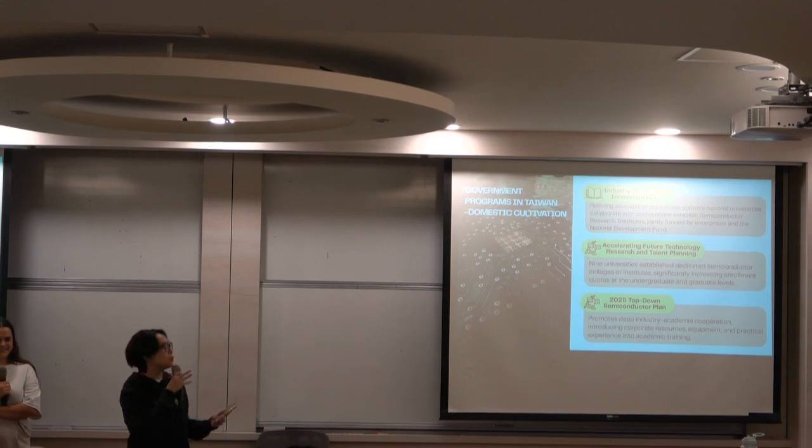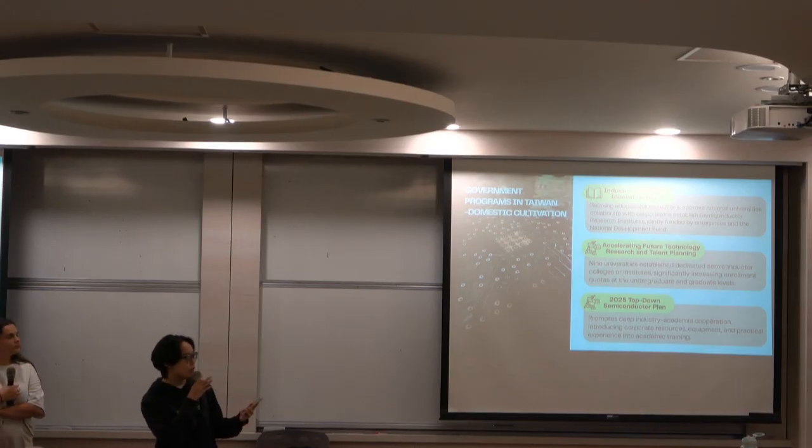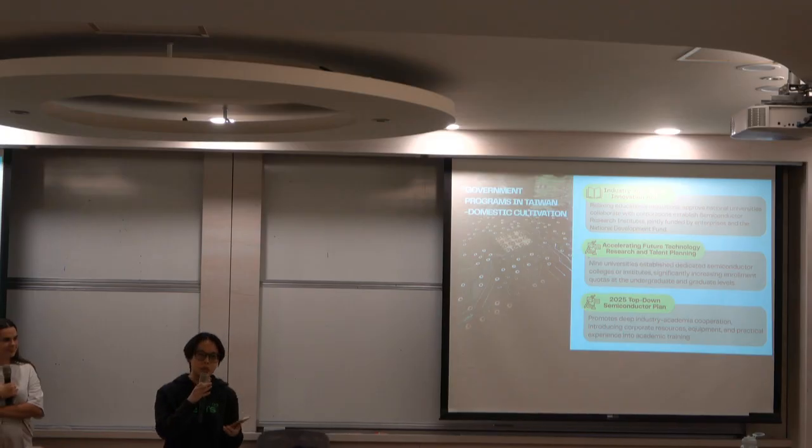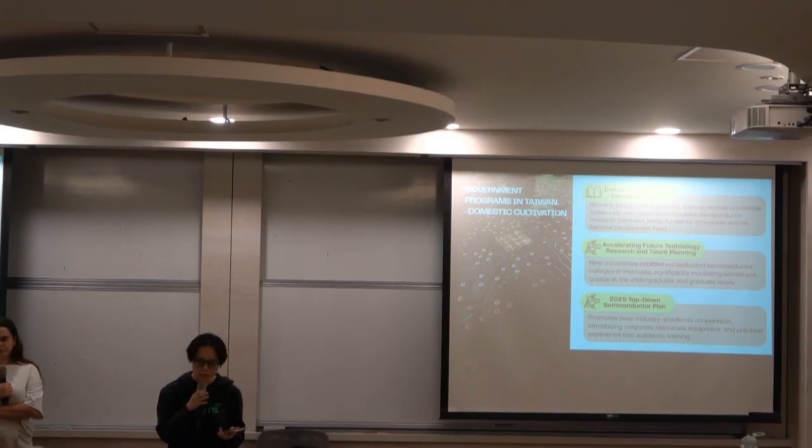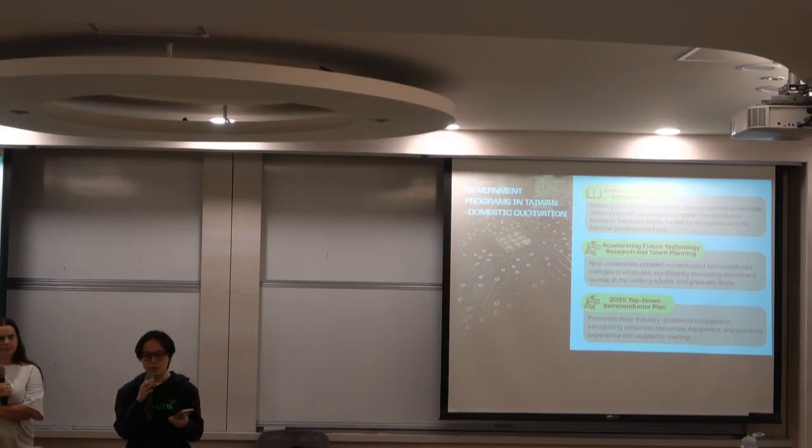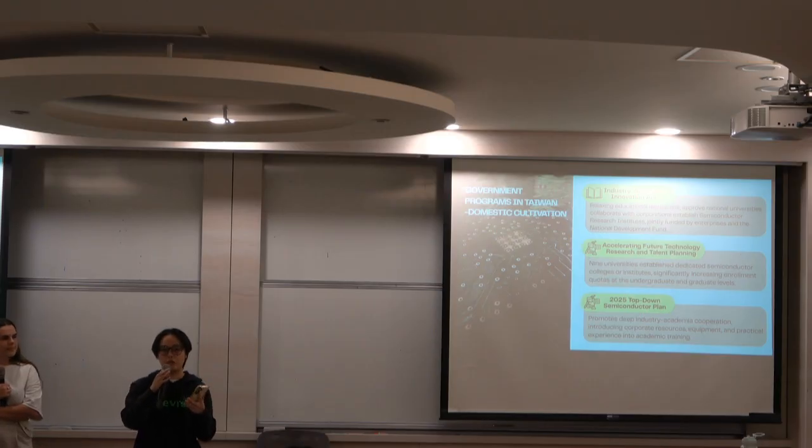Mostly for domestic talent cultivation, the most important one is the education regulations relaxation, because it allows national universities to collaborate with corporations, and they can co-design the work together or invite some industry lecturers to those kind of semiconductor researches.